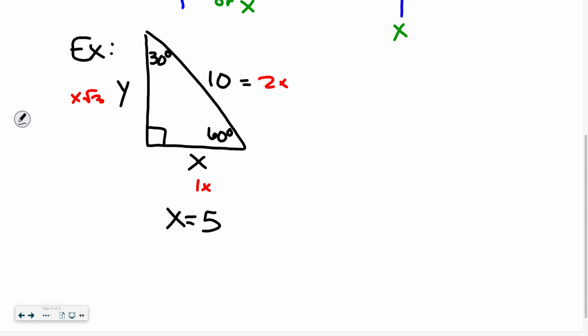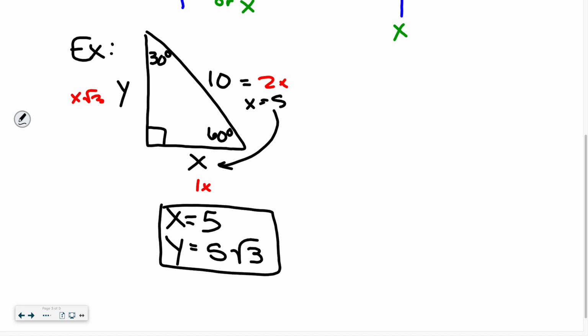So this is saying 2x equals 10, x equals 5, so that goes there. And then for y, we would just take that short leg and multiply it by square root 3. So 5 square root 3. And I don't even have to do SOHCAHTOA or Pythagorean theorem.